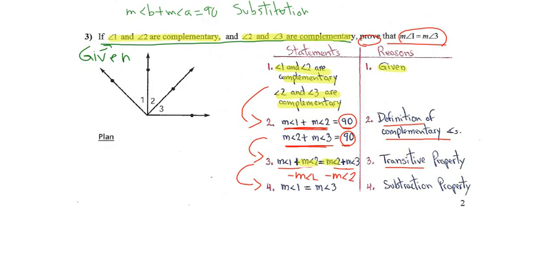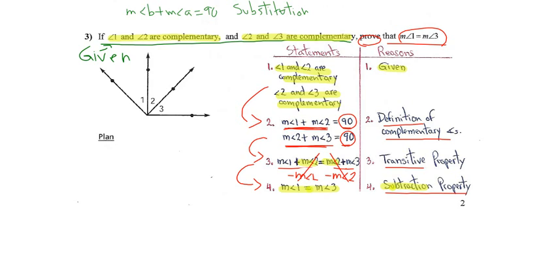So these two measures of angle 2 are going to disappear from this side, and these two also disappear from this side, leaving us the measure of angle 1 is equal to the measure of angle 3. And what did we do in order to get that? We simply subtract. So we're using the subtraction property of equality.